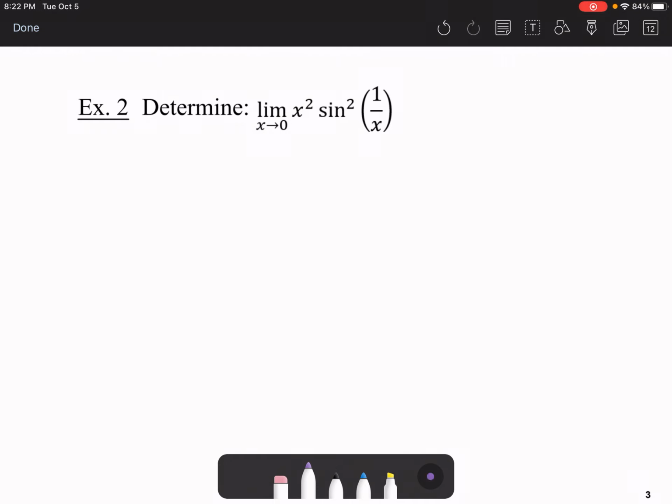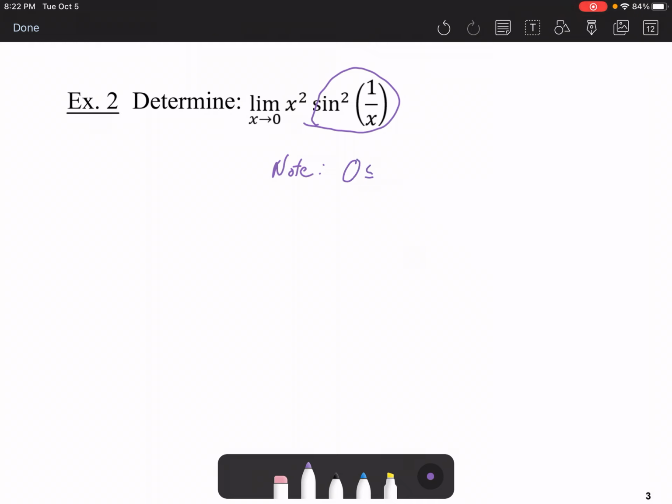So first note that because this function is a squared function right here, it's not going to be negative. It's going to be between 0 and 1.